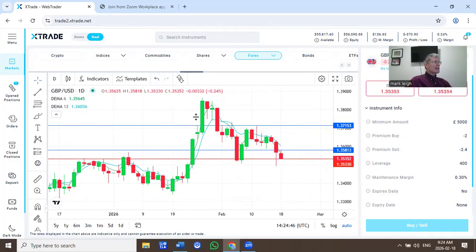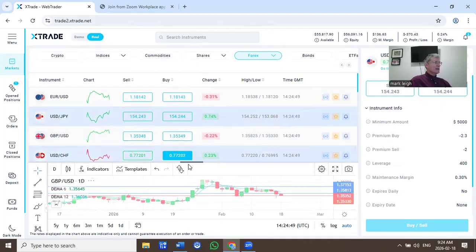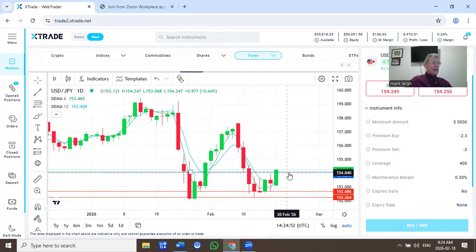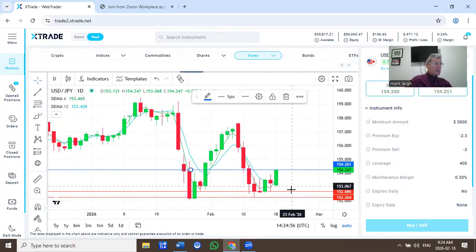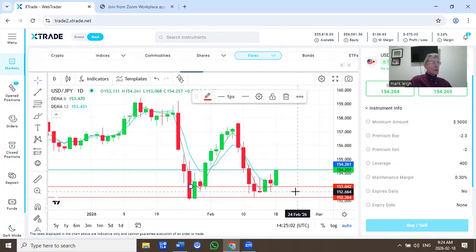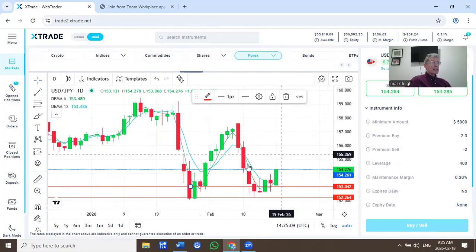US dollar against the yen. Again, strong US dollar, you can see that. Let's just move that intraday resistance and my intraday support, which is now 153.04. And I've got resistance at 154.26, over 100 pips already.